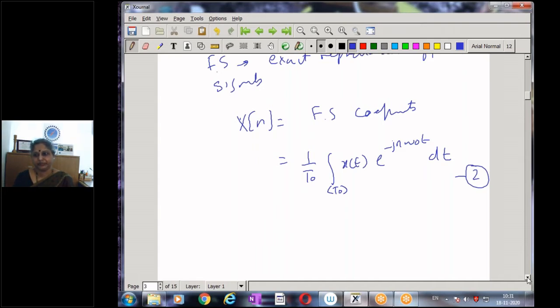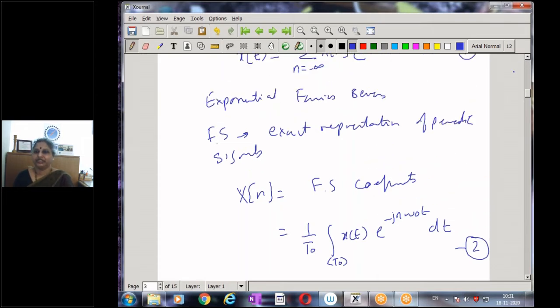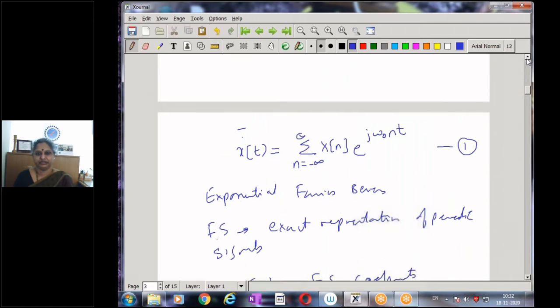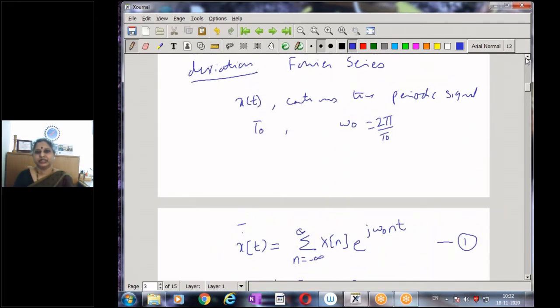So now what we shall do is try to use this Fourier series concept in our design of the FIR filters. So what is the concept?